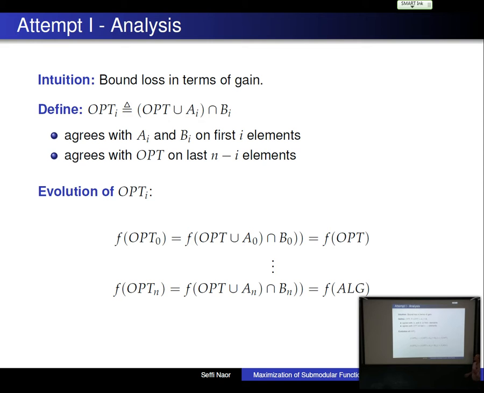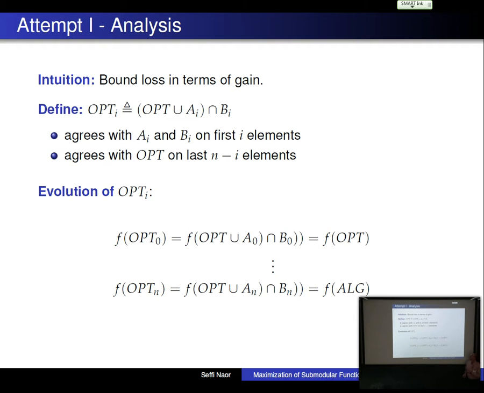So I have my initial solutions A and B. A_i and B_i are the solutions after I've dealt with the first i coordinates. So A_i and B_i agree on the first i coordinates.